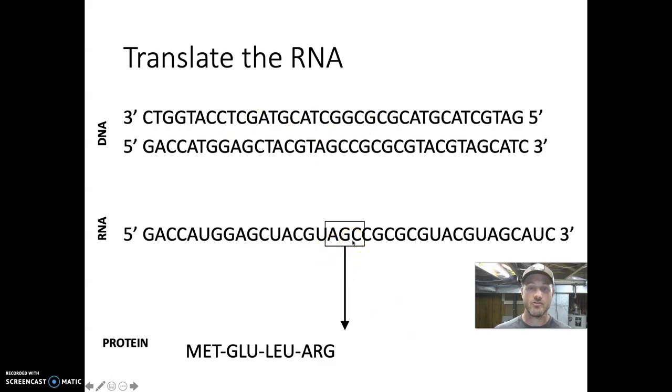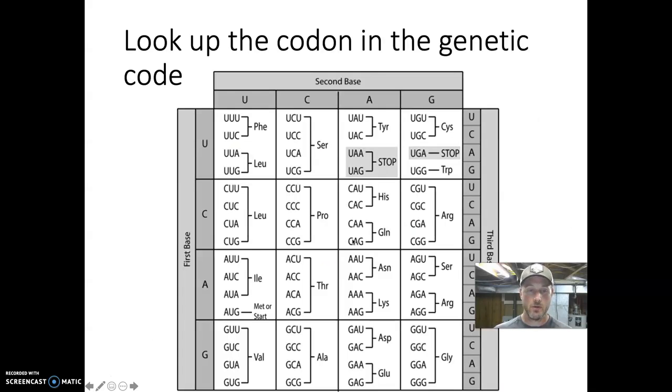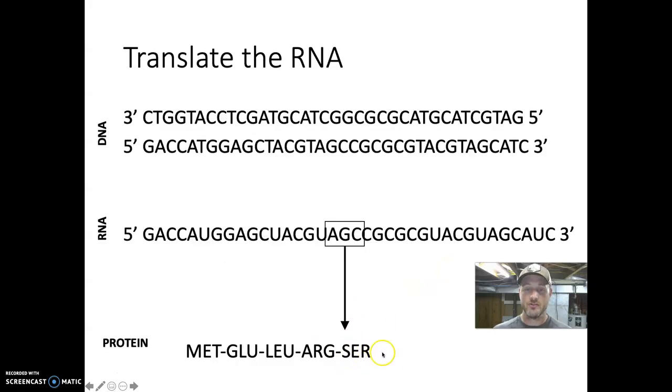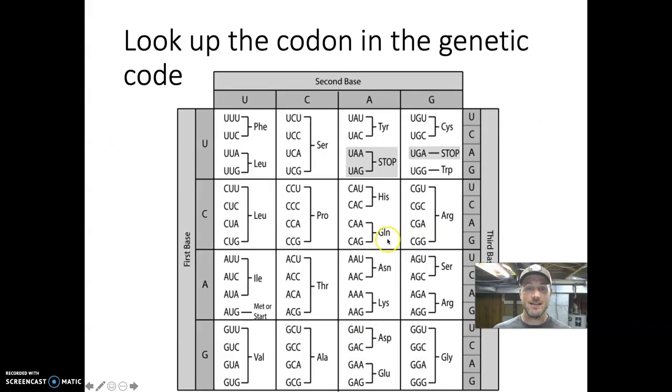Next we've got AGC. Here we go with our genetic code, AGC. We get a serine. So we come back, we'll put a serine in that position. Gets pretty repetitive, right? Next one, CGC. We look that up, CGC. Here it is, it's another arginine.